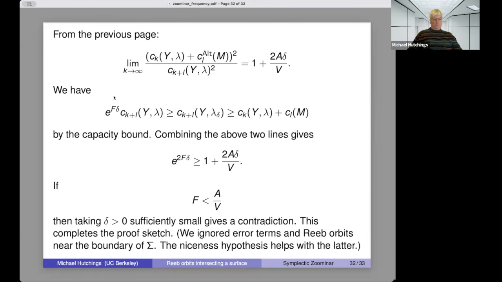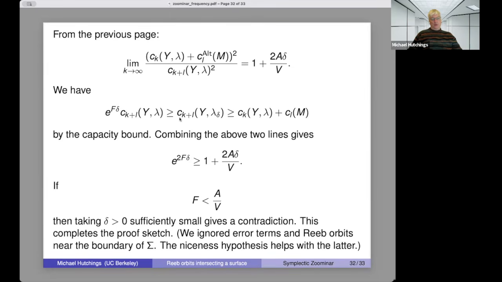On the other hand, by my argument about the derivative of the spectral invariant, I know that c_{k+l} for lambda_delta is less than or equal to e to the f delta times c_{k+l} for lambda.